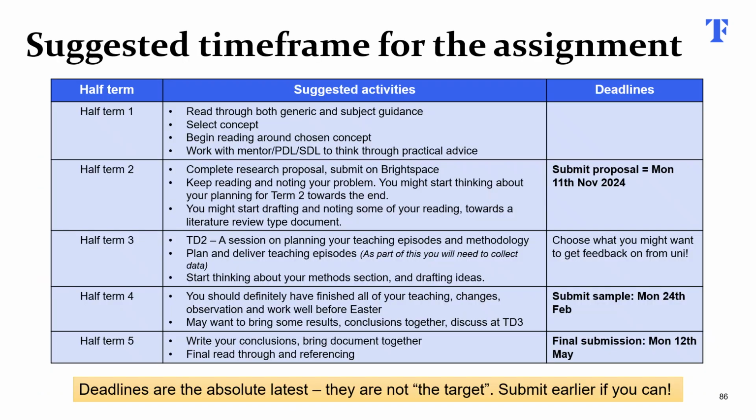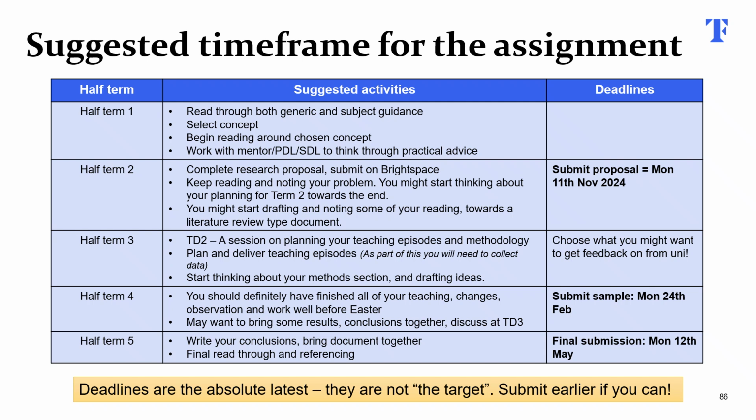This is an example from last year, just so you have an overview of when everything happened. So note these dates are from last year, but it's just a suggested time frame to support the completion of the assignment. It's just to support your workload and to help you reach that final submission point in May.